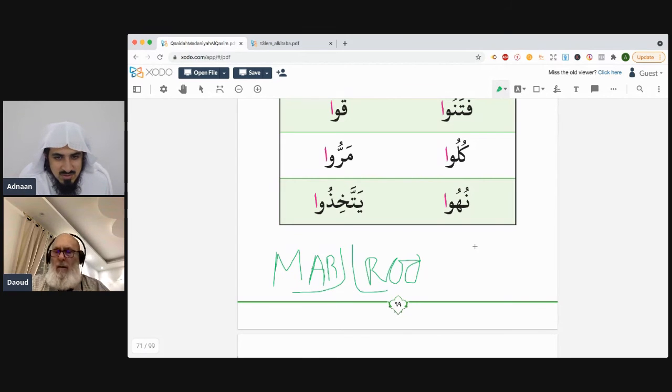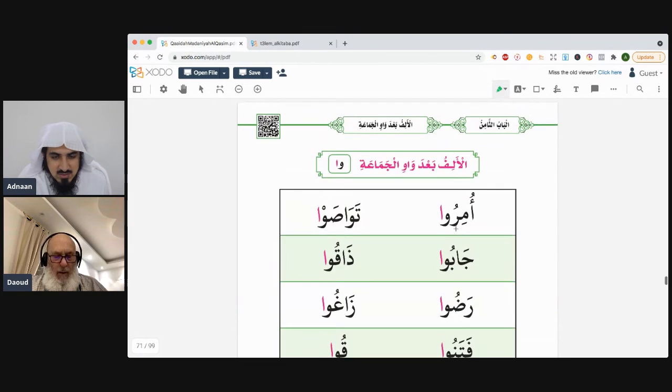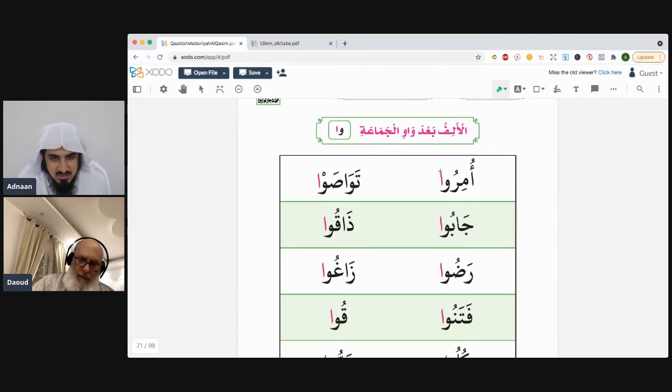It's one of the longer words. And you see how short this lesson is? They're just trying to tell you that when you get this alif at the end, don't worry, don't pull it, because this is called alif ba'd al-waw. Can you see how in all the examples this alif is coming after the waw? The alif after the waw signifies plural.